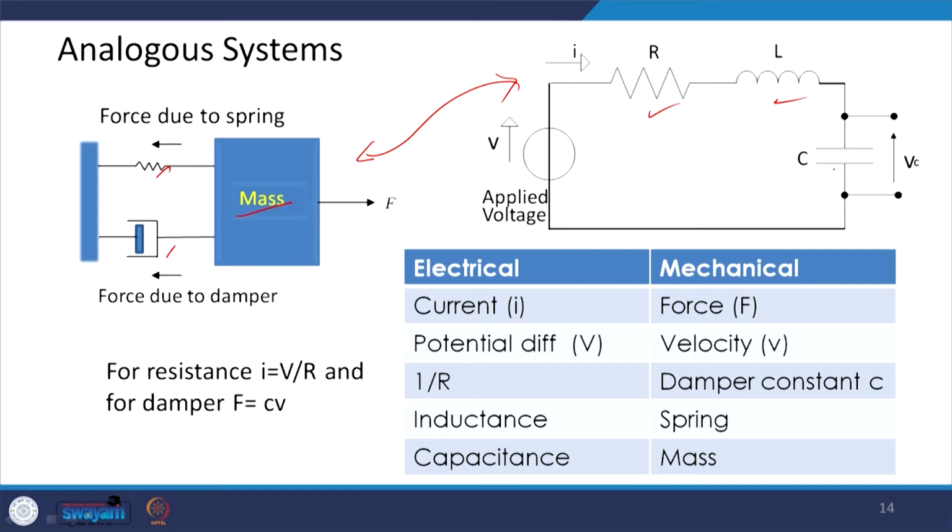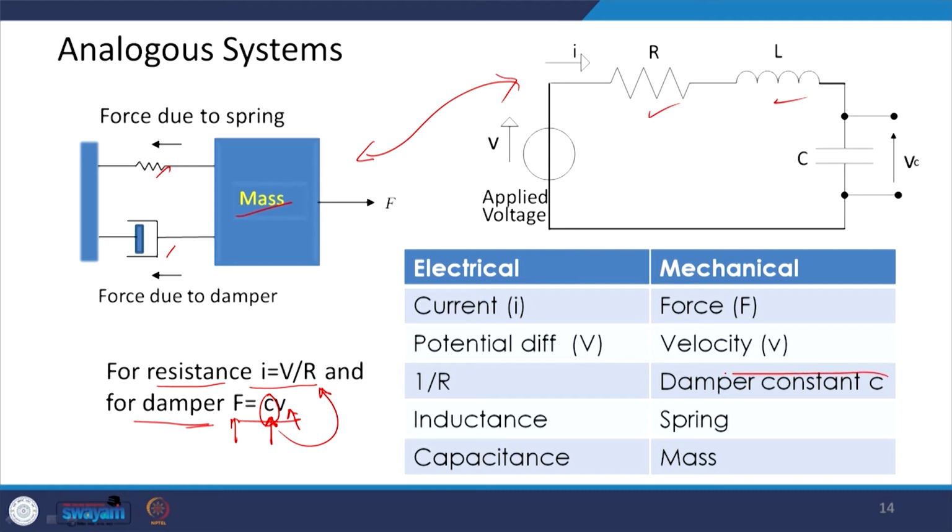For a resistance, from Ohm's law we get I is equal to V by R for the electrical system, and for the mechanical system, for a damper, F is equal to CV, where C is the damping coefficient, V is the velocity of the piston inside the damper, and F is the resistive force which is going to act. If I take a comparison, you see that this C is analogous to 1 by R over here.